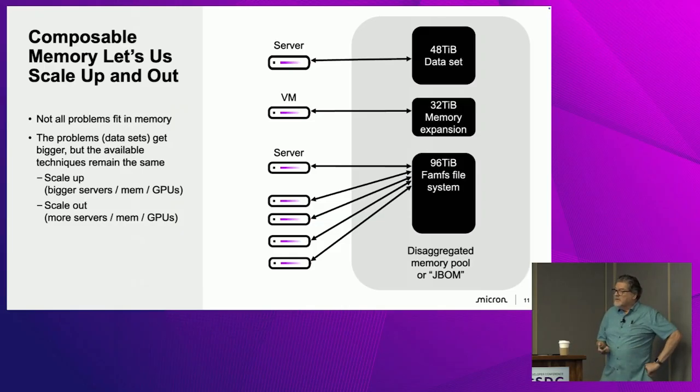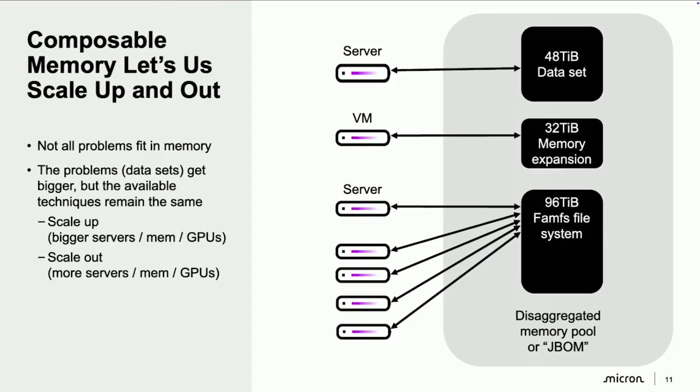But an interesting thing we've learned, so see that picture of the VM connected to 32 terabytes of expansion memory. We were recently doing some benchmarking with a 5 terabyte graph. And that's significant because graph analysis is one of those things that really needs to fit in memory. And we're working with a partner on graph analysis competency.